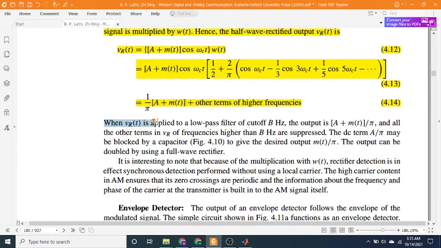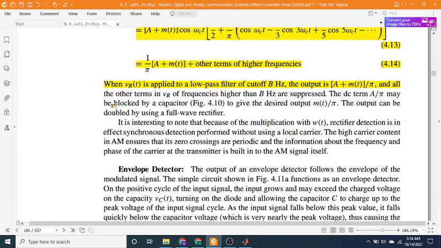When vR(t) is applied to a low-pass filter of cutoff B Hz, the output is [A plus m(t)]/π, and all the other terms in vR of frequencies higher than B Hz are suppressed.